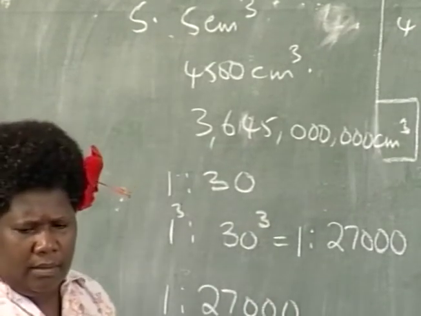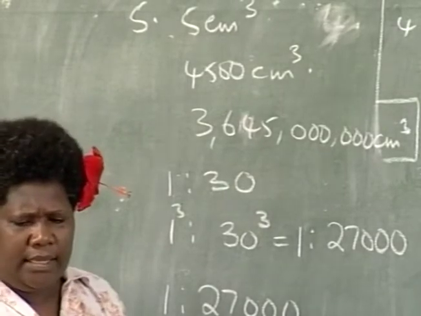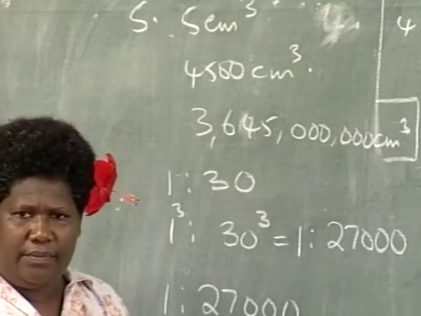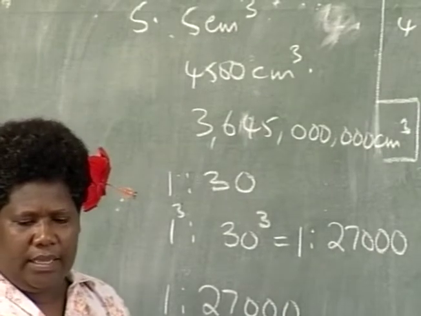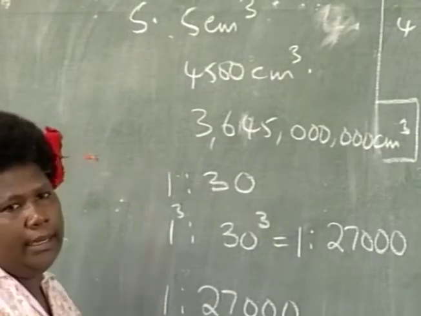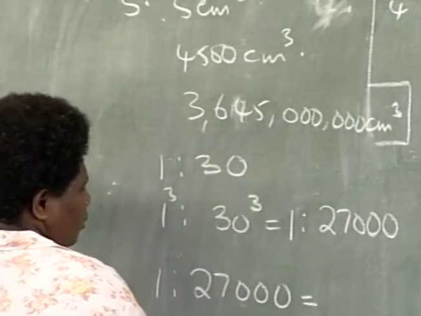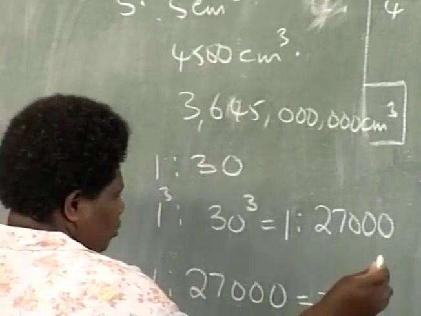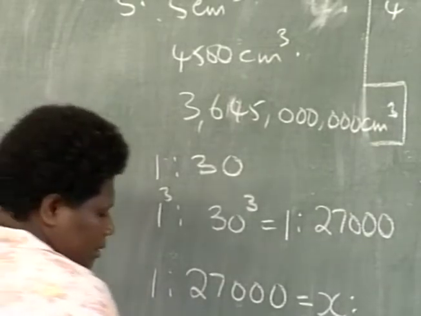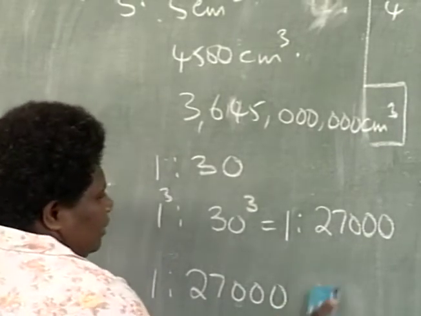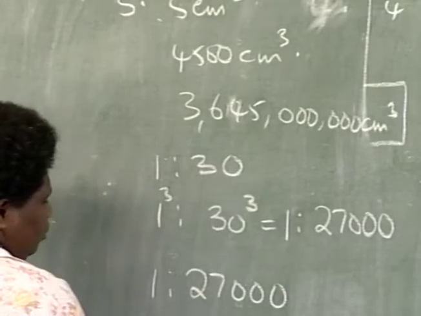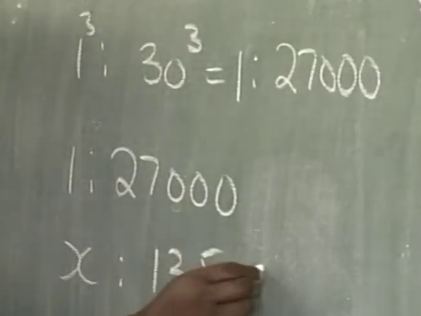The real tank has a fuel capacity of 135 liters. We have to find the capacity of the model tank. So that's equal to X is to 135,000.